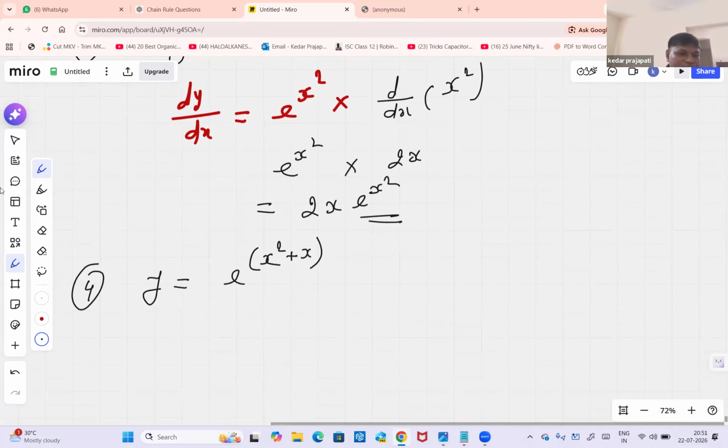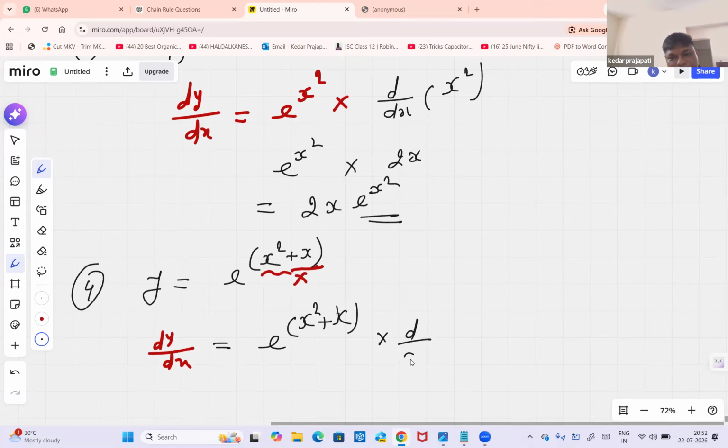What trick will I apply? In the power, whatever is there, just simply take it as e to power x. So once you're calculating dy by dx for this, it will be simply e to the power x square plus x, into d by dx of x square plus x.